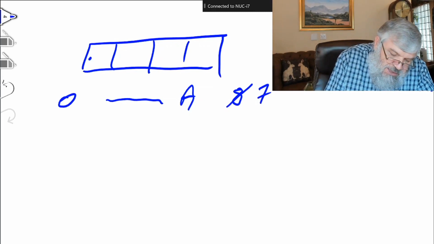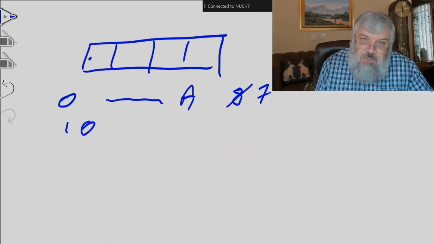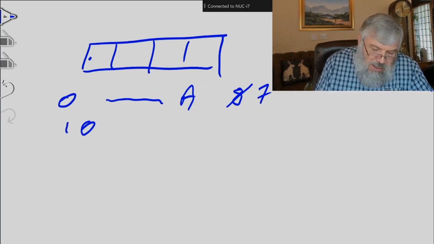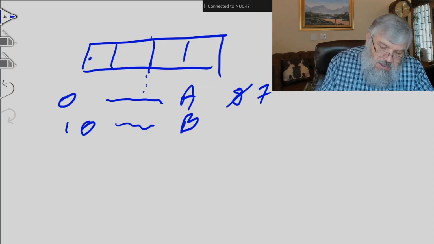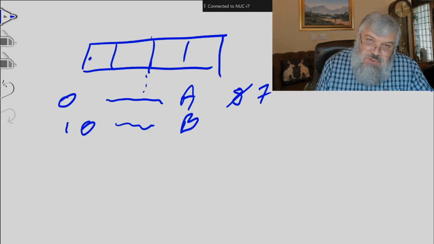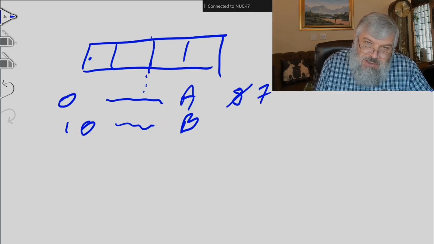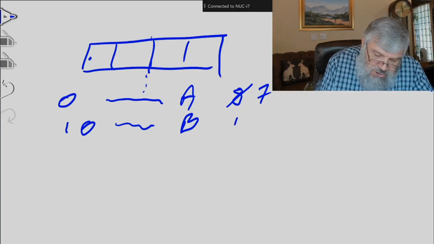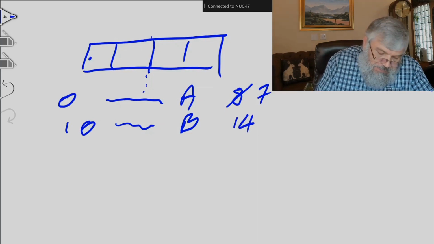The second option that was to be distinguished from the first one by marking it with a 1 and a 0. And that would be a class B address. In that case, the split would be right here in the middle, 16 bits for the network portion, 16 bits for the host portion. However, we've already used up 2 bits, so for the network portion, that would leave you with 14 possible values.